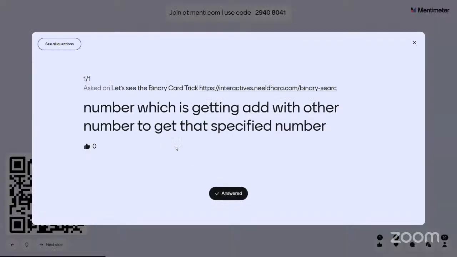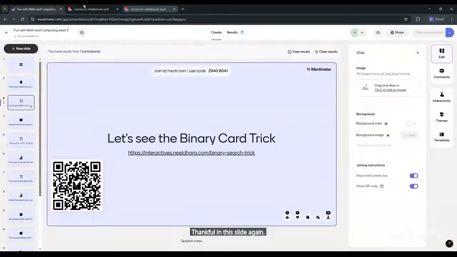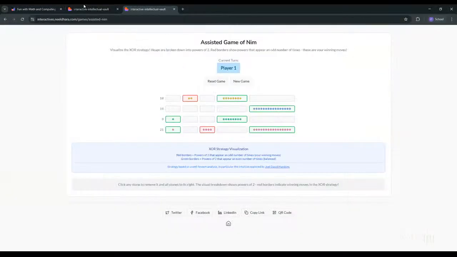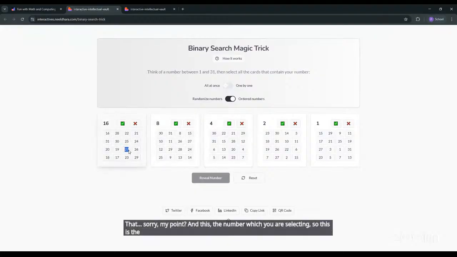You're almost correct in this thing that we'll go to this slide again. Sorry, my fault. The number which you are selecting, for example, our number was 27.